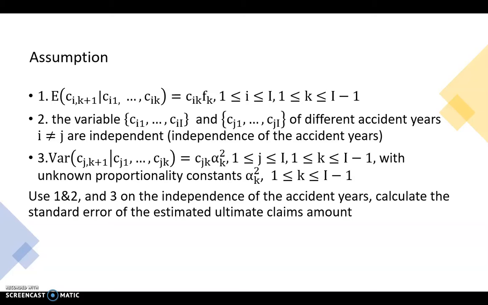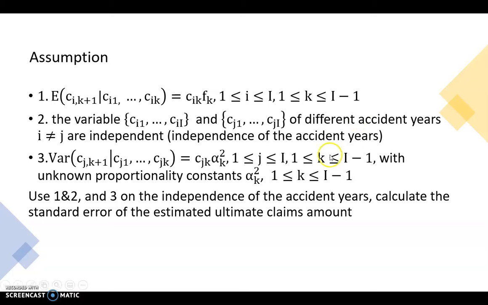However, it doesn't improve the accuracy of the forecast. So we need to regard them as independent. This assumption is met for every runoff triangle, so it is also one assumption that cannot be taken away.